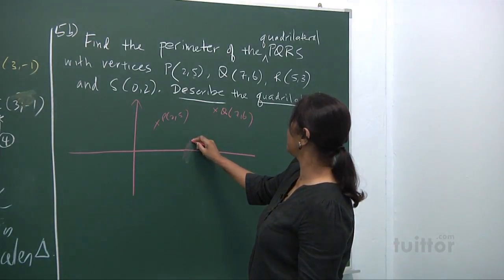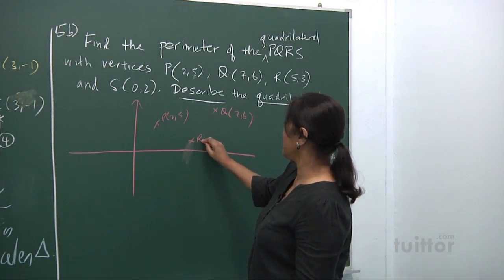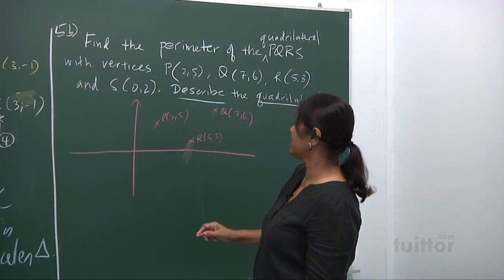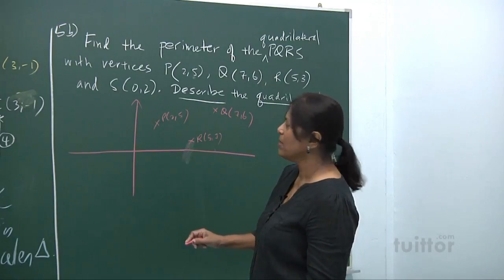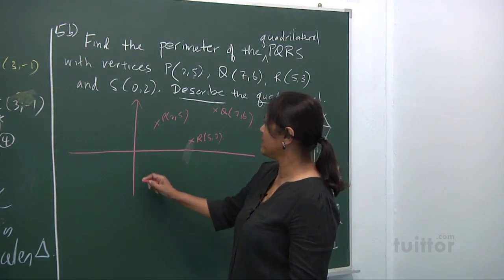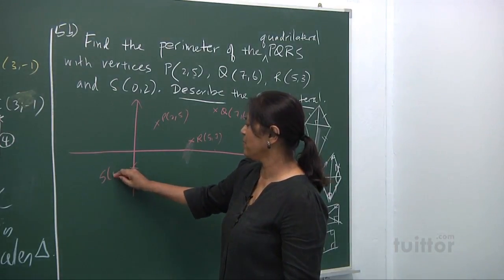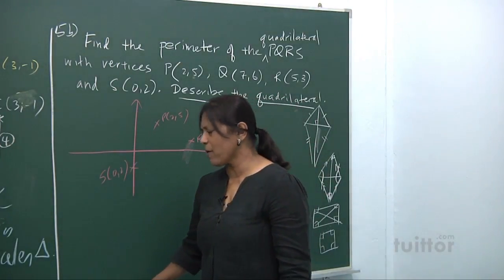And they say S is (0, 2). We're just drawing an approximate diagram.